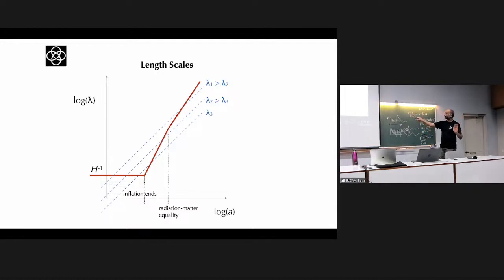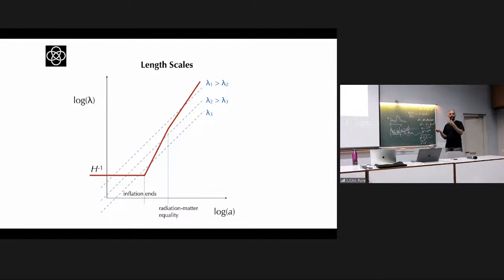Okay. And then how long will it stay there? It will stay there until that wavelength becomes smaller than the Hubble radius again. Does that happen? Yes, it is happening. You see, I keep waiting, and then at this epoch, the Hubble radius becomes bigger and this wavelength becomes smaller.